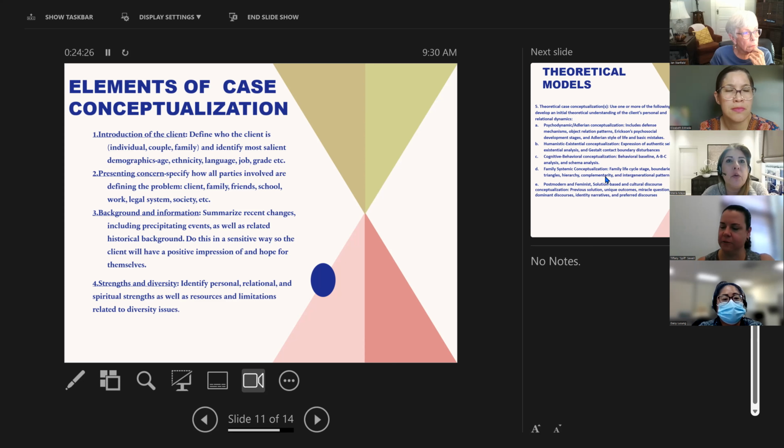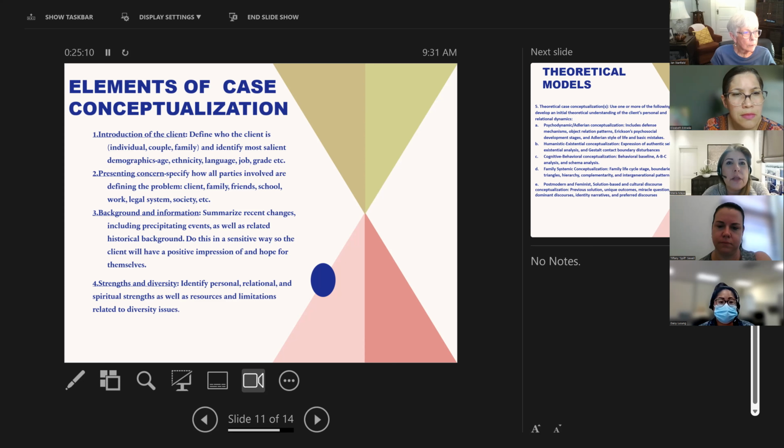Introduction of the clients. Define who the client is, individual, couple, family, and identify most salient demographics: age, ethnicity, language, job, grade, etc. Presenting concerns, specifically how the parties involved are defining the problems: clients, family, friends, school, work, legal system, society, etc. Background information: summarize recent changes, including precipitating events as well as related historical background.